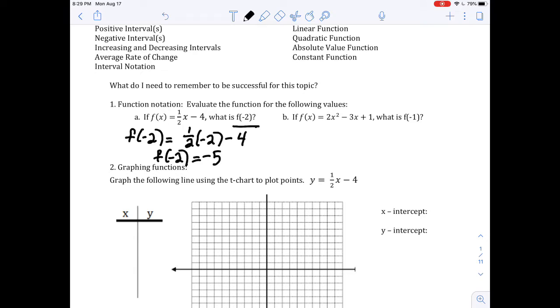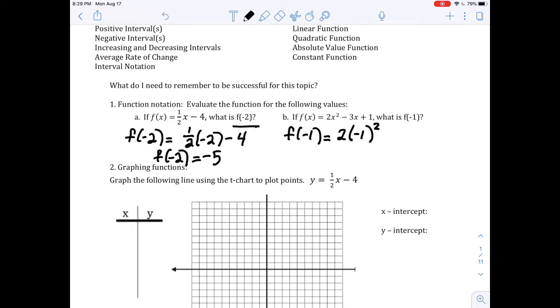For 1b, you see that the variable x occurs twice in the function rule. So when we evaluate f of negative 1, wherever we see x, we input negative 1. So f of negative 1 would be 2 times the quantity negative 1 squared.